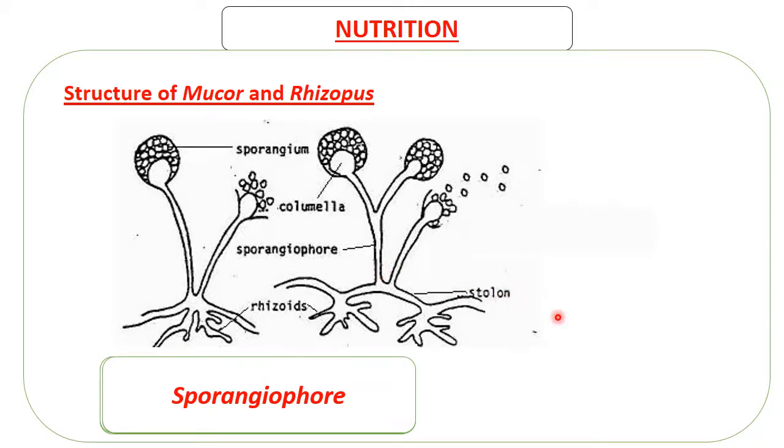So let's go back and concentrate on the topic of discussion, nutrition. How do they feed? I explained already that they feed by secreting extracellular enzymes. For example, let's say we've got a food substance here. This is a substance that these saprophytes have to feed on. So how do they feed? They just secrete an extracellular enzyme. This one is a hypha, so it's going to go onto the food substance.